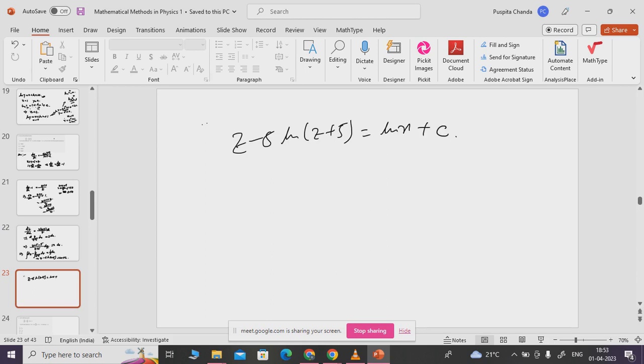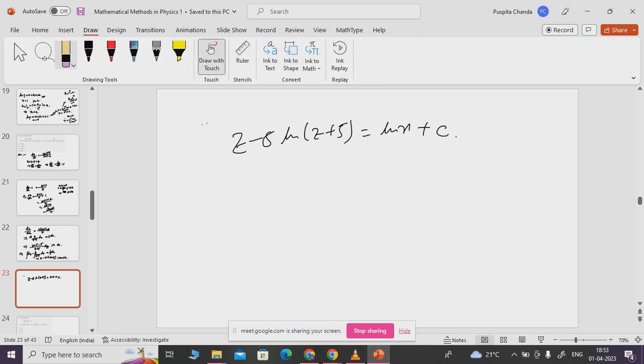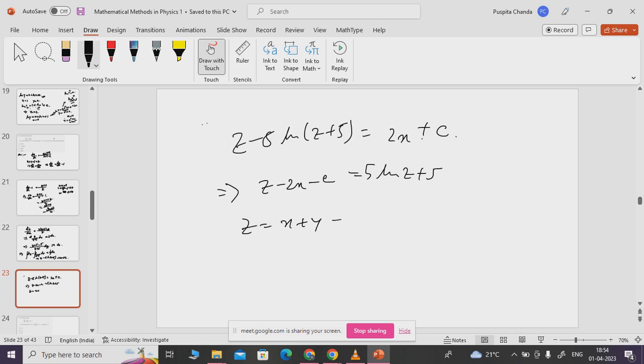Not ln x, it's 2x. So it's z minus 2x minus c is equal to 5 ln (z plus 5). z is equal to x plus y minus 6.